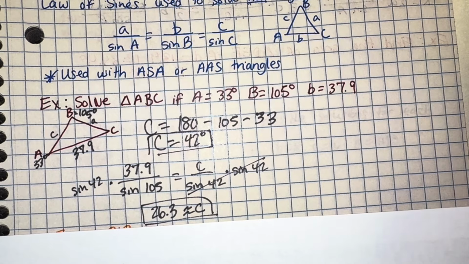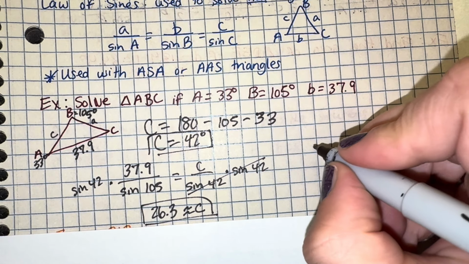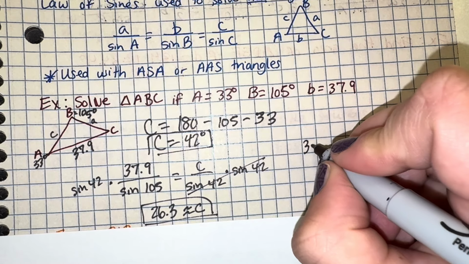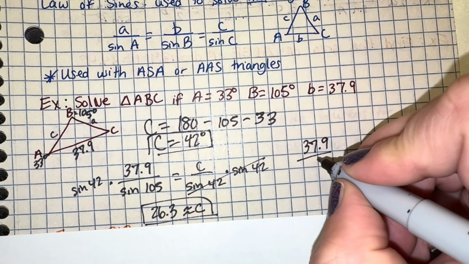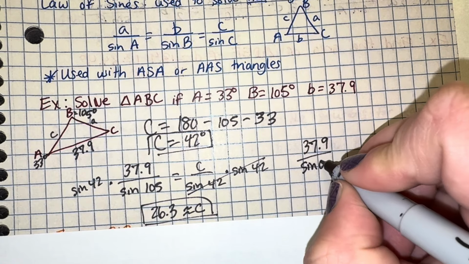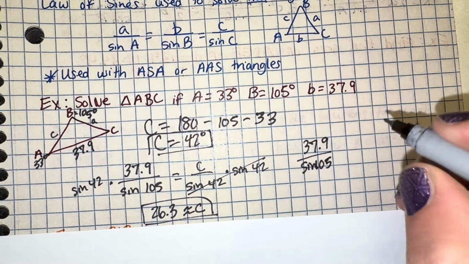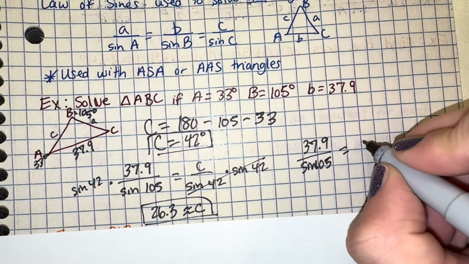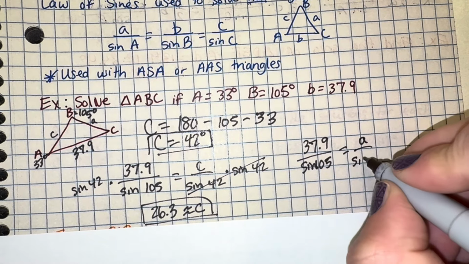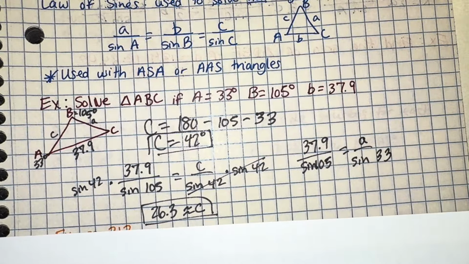And now I'm going to do the exact same thing over here for A, and I'm going to use again that B side that was given to me. It's a 105. And that's going to be A over sine of 33, and I'm going to solve that one.